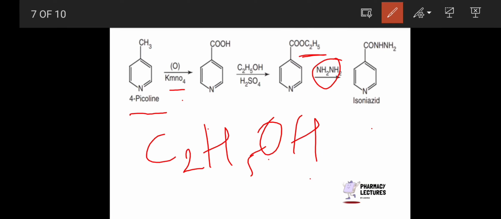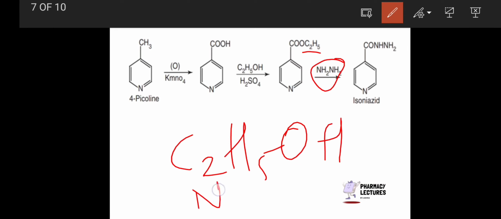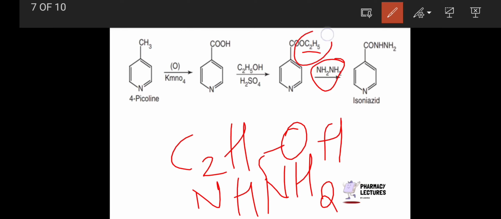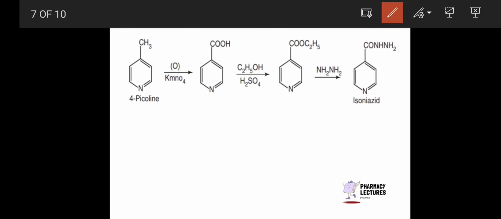It will be eliminated as C2H5OH, and the remaining NH2 will join here, so that we will get the structure of isoniazid. So that's all about the synthesis of isoniazid.